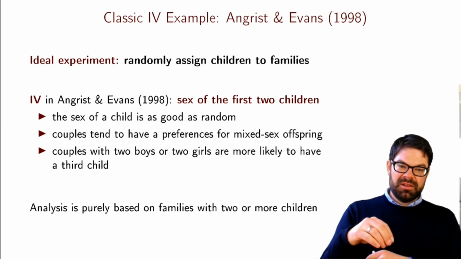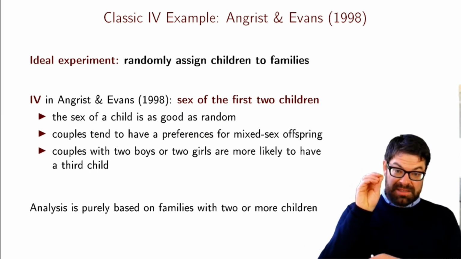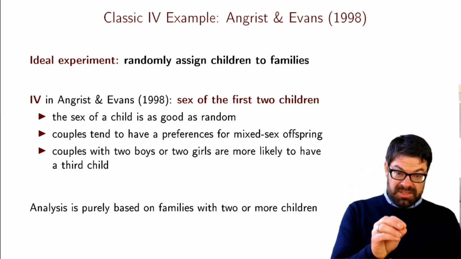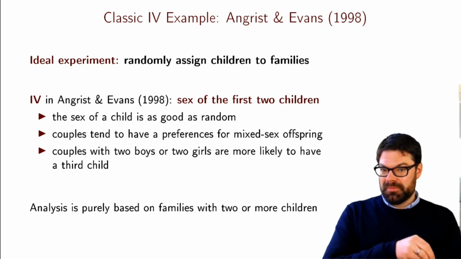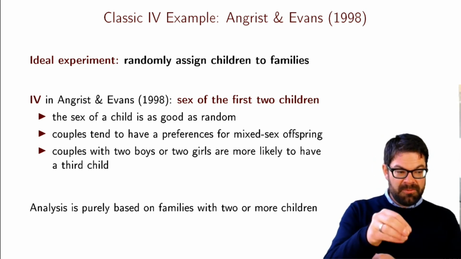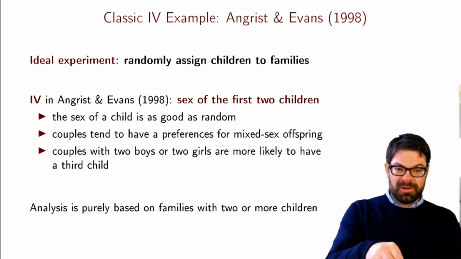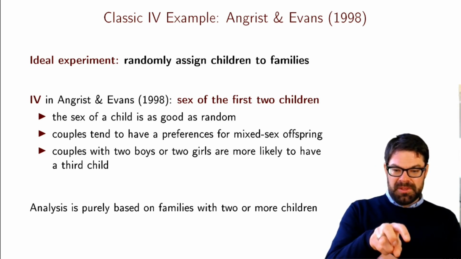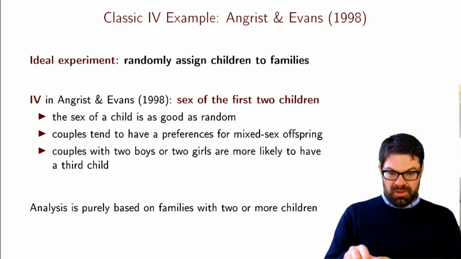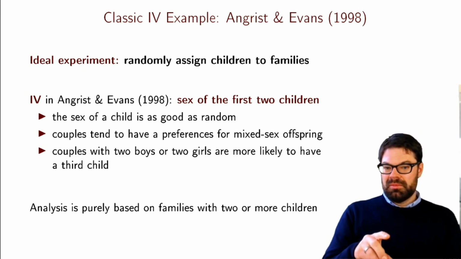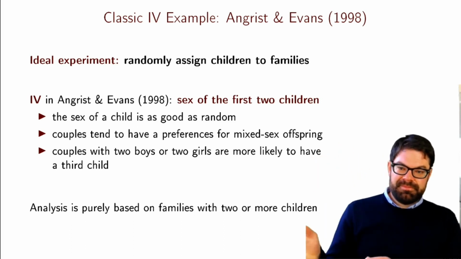So what they do here is they exploit that couples in many countries tend to have preferences for mixed sex offspring. Okay, so people prefer having a boy and a girl, if they have two kids, to having two boys or two girls. Why is that the case?